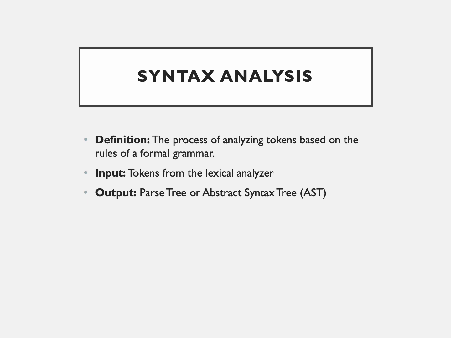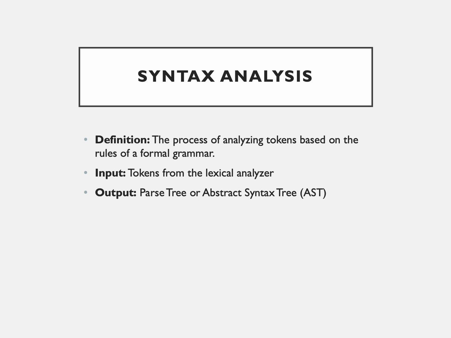Now, the input to this phase is the list of tokens generated by the lexical analyzer. For example, in the statement a = b + 42, the tokens are a, =, b, +, 42, and semicolon. These are the tokens that have been created by the lexical analyzer, and now these are analyzed for structural correctness.